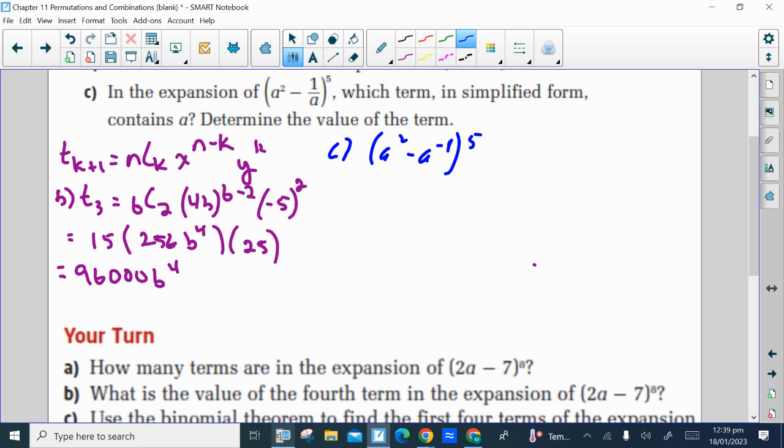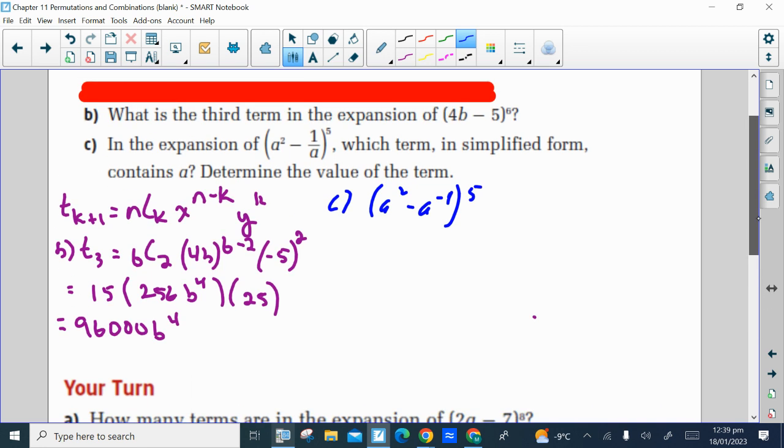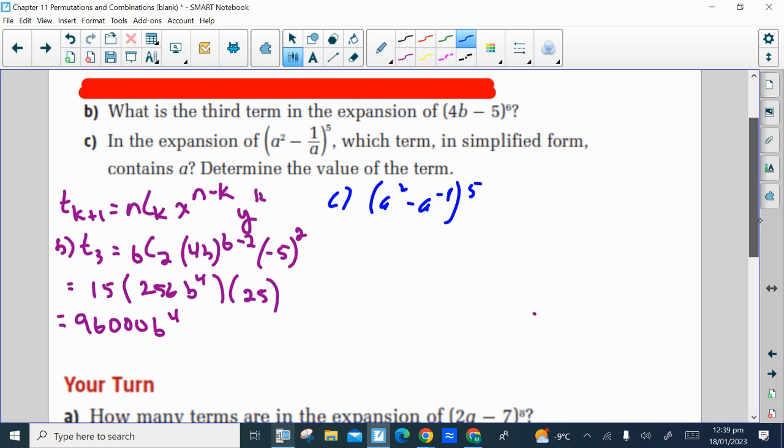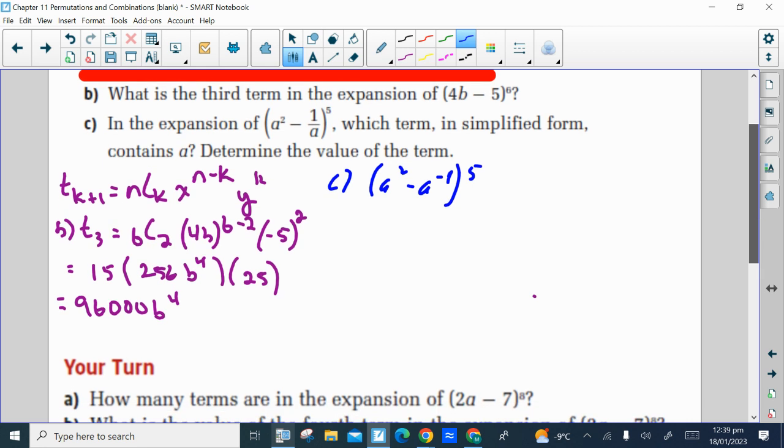Now this is different than the previous question because we're not asked to find a specific term number. We have to determine or figure out what the proper term is. Which term will have a to the power 1? And what makes this one a little unique is because if you did the entire expansion here, in every term you'd have an a to a positive exponent multiplied by an a to a negative exponent.